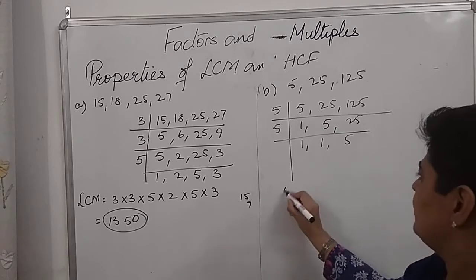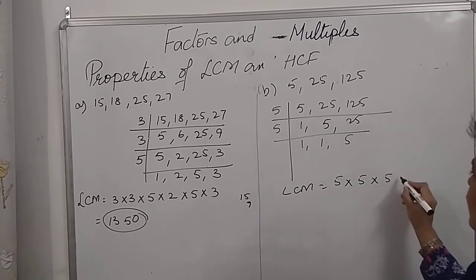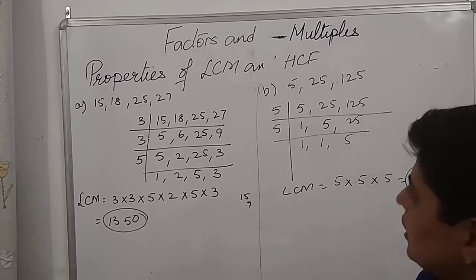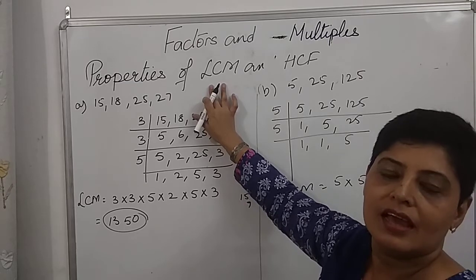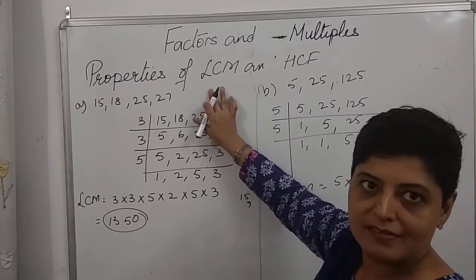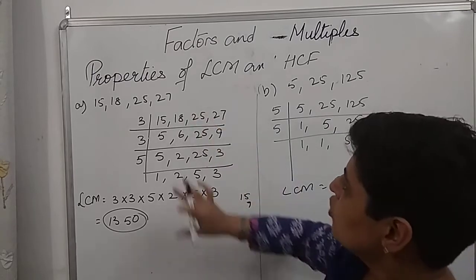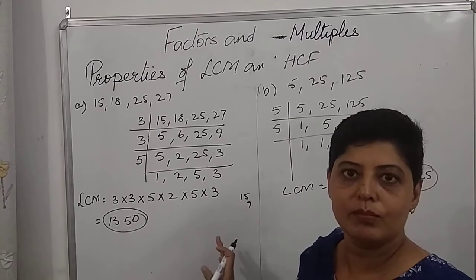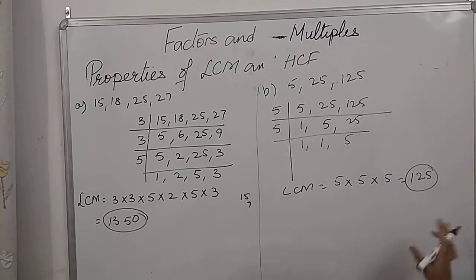So LCM will be 5 into 5 into 5, which is equal to 125. Now, when we talk about LCM, we are talking about multiples. And we know that a multiple is always either the number itself or greater than the number. So when we are talking about a common multiple, it will always be greater than the number or the greatest number among the numbers given.